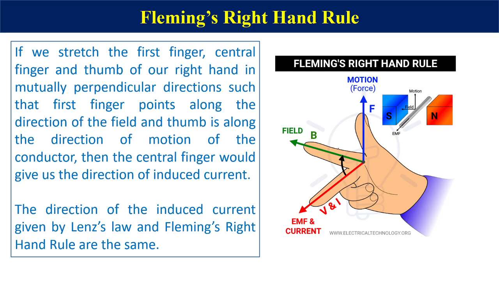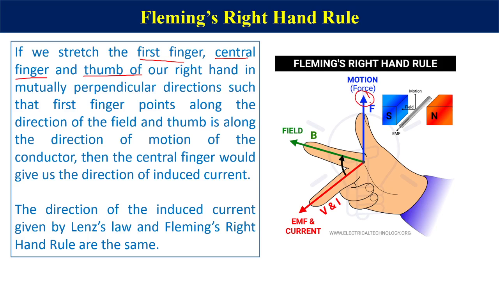Now, there is one more important thing that is called Fleming's right hand rule. This is one very important thing. If we stretch the first finger, the central or middle finger, and the thumb of our right hand in mutually perpendicular directions as shown in this figure, see, in that case the first finger points along the direction of the field and the thumb is along the direction of the motion.